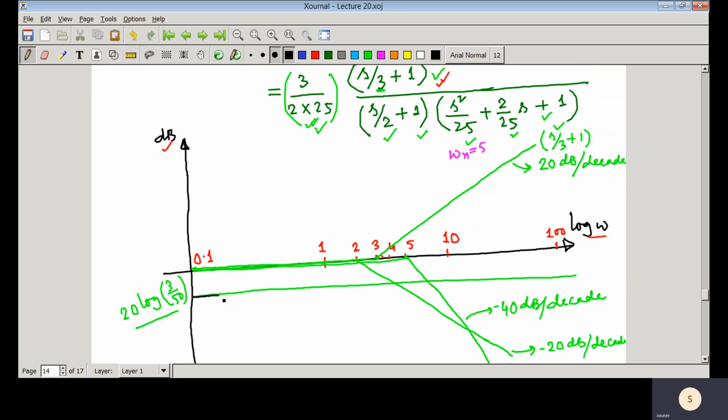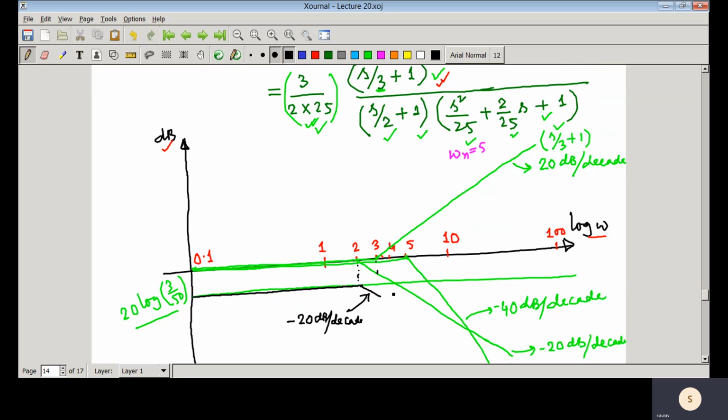So the resultant starts from here, it goes like that and up to 2. Now from 2 to 3, there is only one slope, and that slope is minus 20 dB per decade.